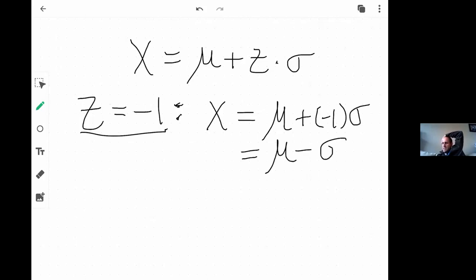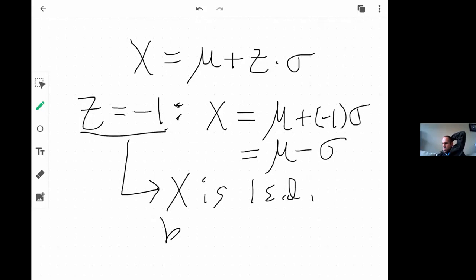So here, if z is -1, that means that x is, look at what this says, 1 standard deviation below the mean. And how would I know below? Well, because look, there's a minus sign right there.